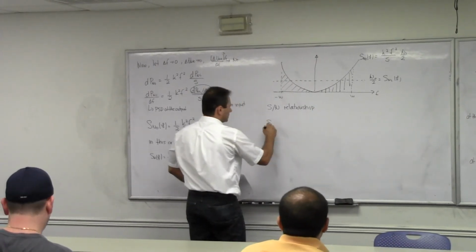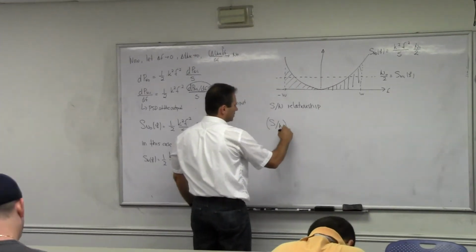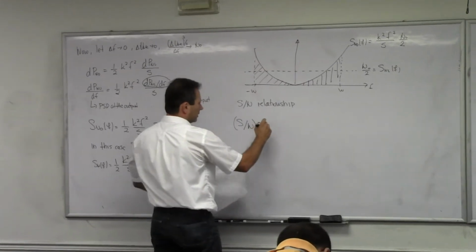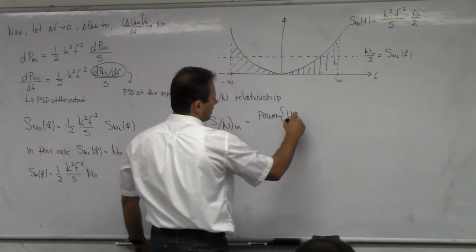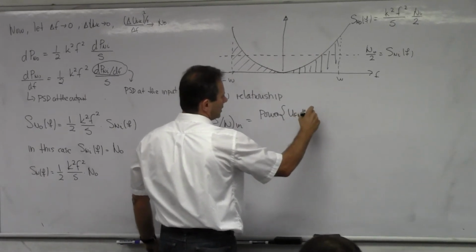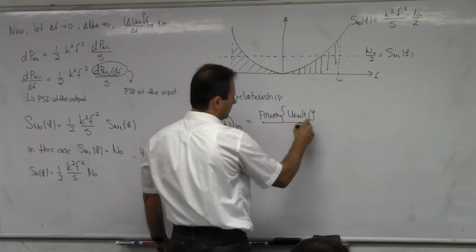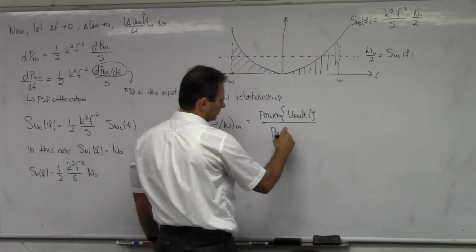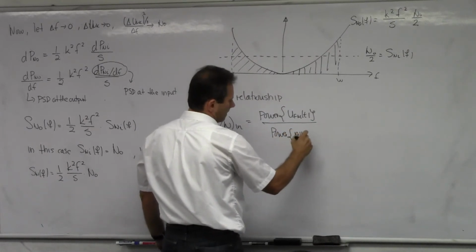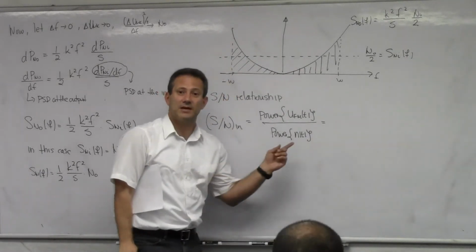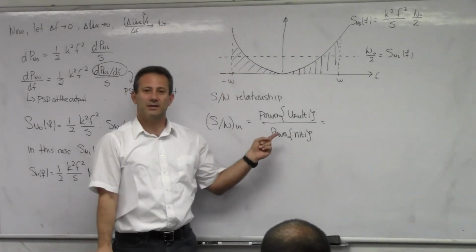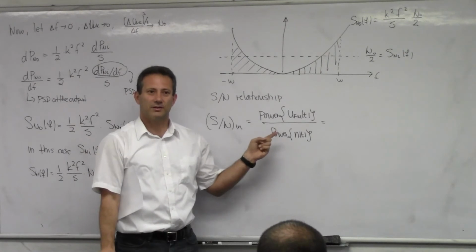Okay, let's first start with the signal to noise ratio at the input. We know it's the power of u_FM(t), my modulated signal, divided by the power of the noise. Power of the modulated signal. If this is an FM carrier, does it matter that the signal is modulated?